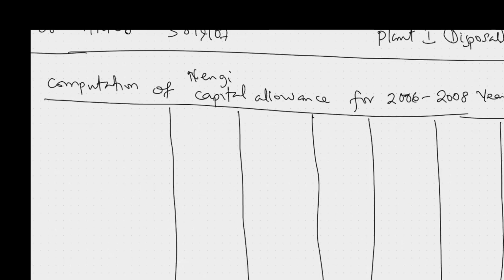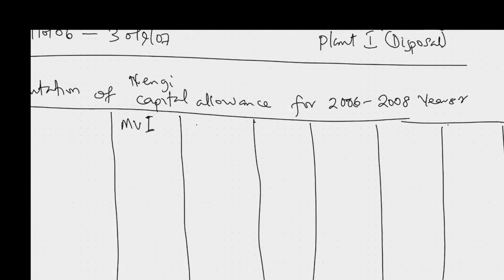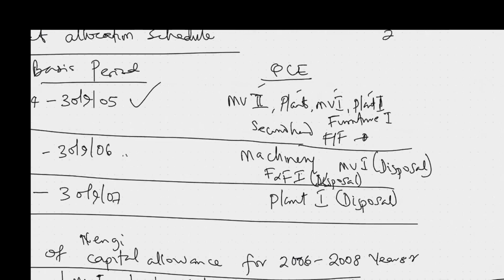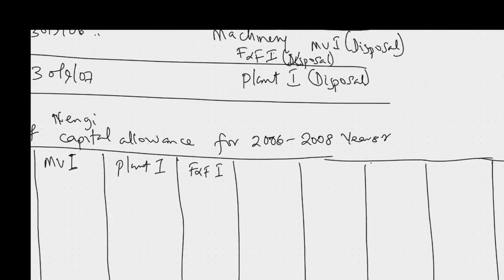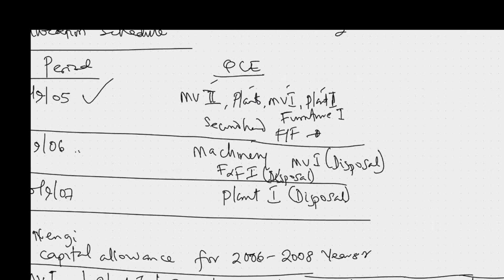The next one, plant 1. The next one, furniture and fitting. The next one, motor vehicle 2. The next one, plant 2.